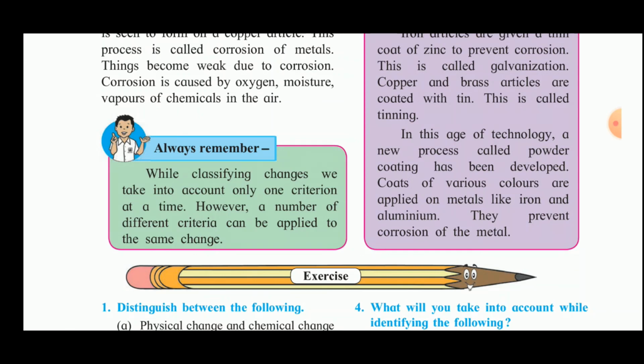The fourth criterion is that they can be quick or slow changes. The fifth criterion is that they can be periodic or non-periodic changes. And the sixth one is that they can be physical or chemical changes. Thus, a total of 6 criteria have been used over here for classifying the changes.